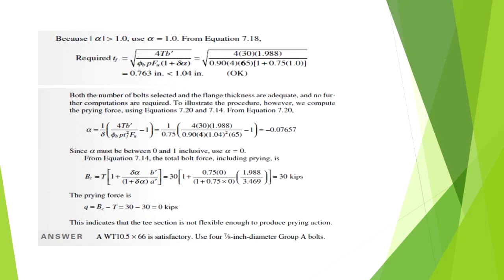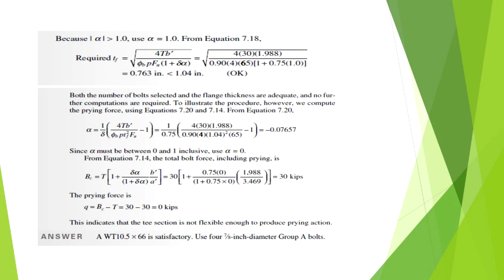Because alpha prime is greater than 1, use alpha prime equal to 1. From equation 7.18, the required tf is the square root of 4 times 30 times 1.988 divided by 0.90 times 4 times 65 times 1 plus 0.25 times 1, or 0.763 inches, which is less than 1.04 inches.